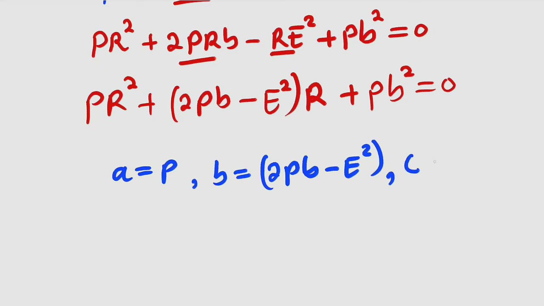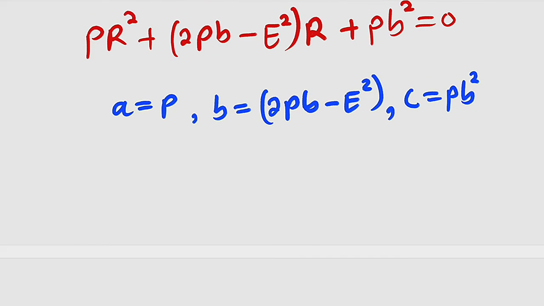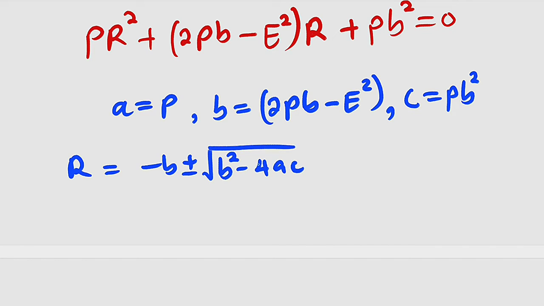And the constant C would be PB squared. Remember our formula will be what? Minus B plus or minus the square root of B squared minus 4AC, divided by 2A. So all we have to do is to plug in A, B, C into this relationship.